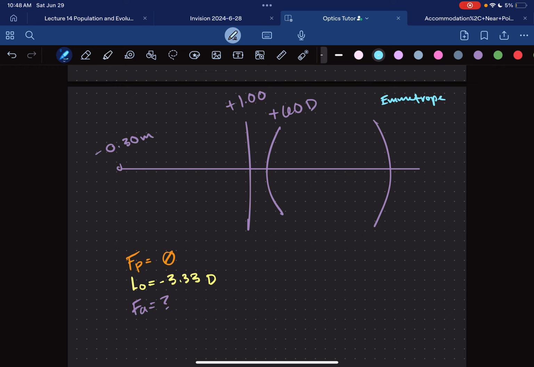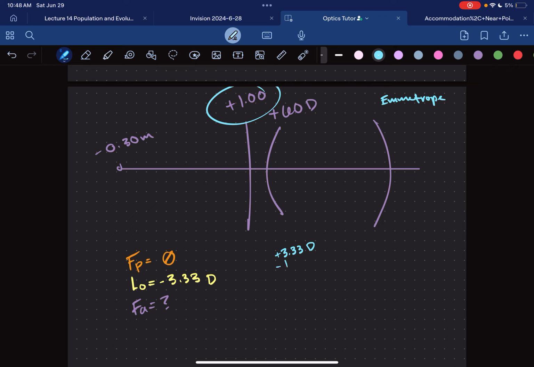So for this person, if they're looking at something that's 30 centimeters away, the divergence is -3.33. And so that means that their accommodation without the add would be a +3. But since this is doing 1 diopter's worth of it, that means that the patient will have to do 1 diopter less.